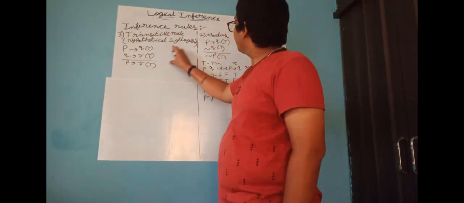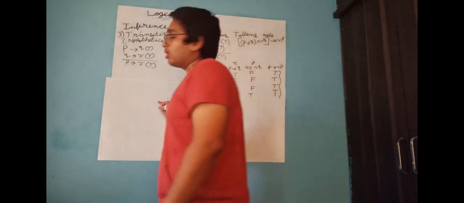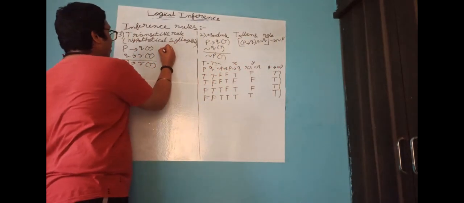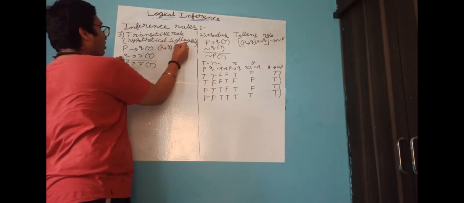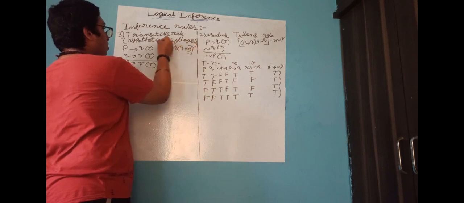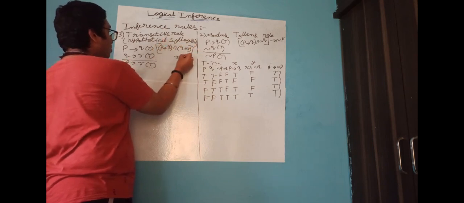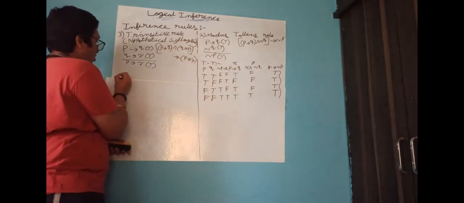For this, in the same symbolic form you need to write and draw the truth table for derivation. First write in symbolic form P implication Q and Q implication R, implication P implication R. This should be a tautology, then this rule will be verified.